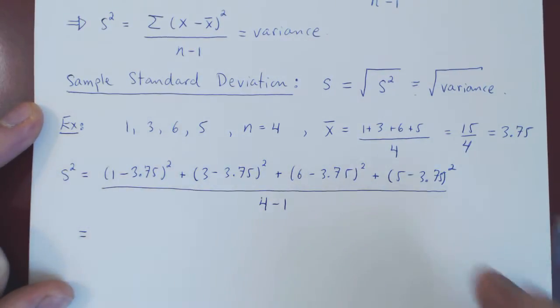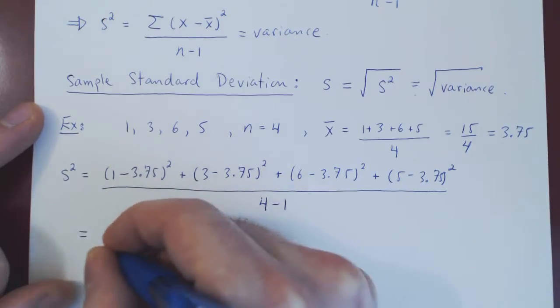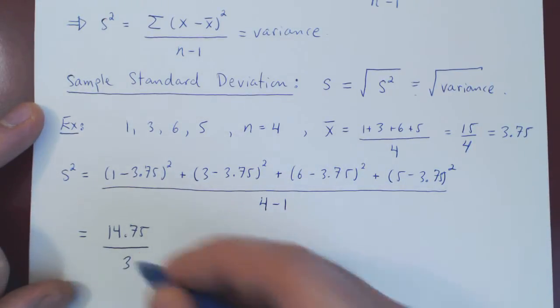Okay, so now when we compute this, let's find first our numerator. So 1 minus 3.75 squared plus 3 minus 3.75 squared plus 6 minus 3.75 squared plus 5 minus 3.75 squared. And you should find a value of 14.75. And we divide by 4 minus 1, which is 3.